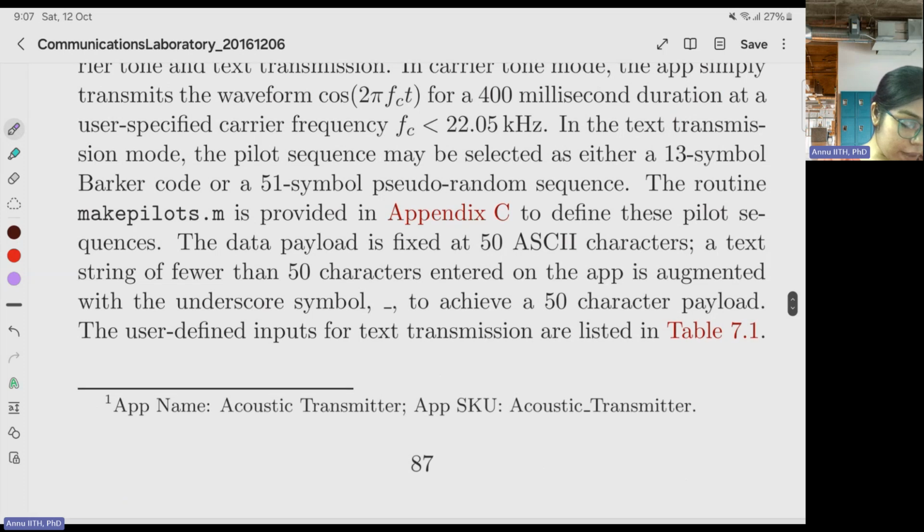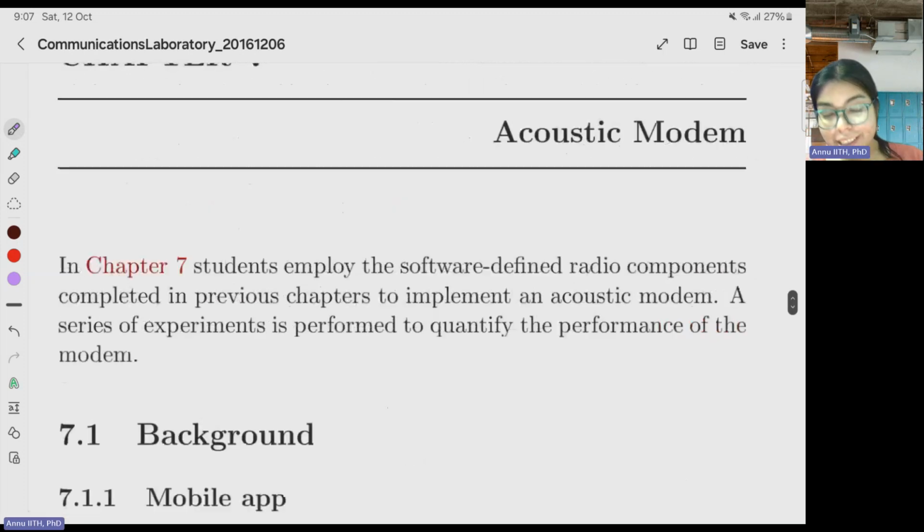The app name is... basically I can't find it, but it's fine. You can see some output here.